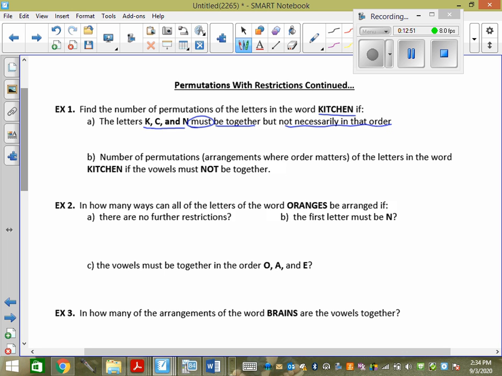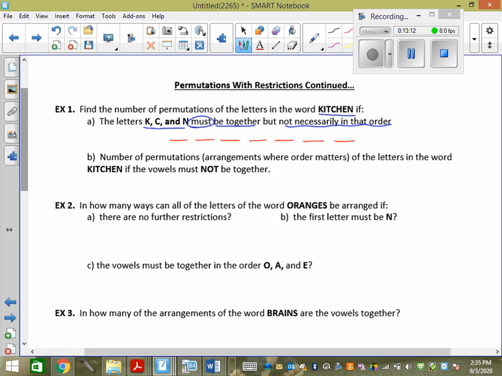Okay? So I need to rearrange the word kitchen where the K, C, and N must be together, not necessarily in that order. So I have 7 letters: 1, 2, 3, 4, 5, 6, 7. This is how I do the must be together.